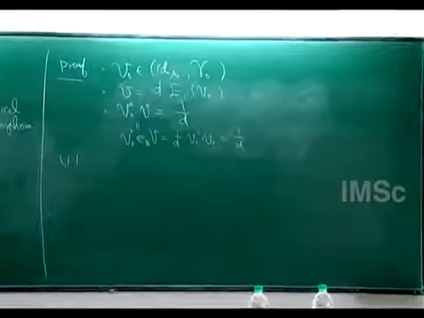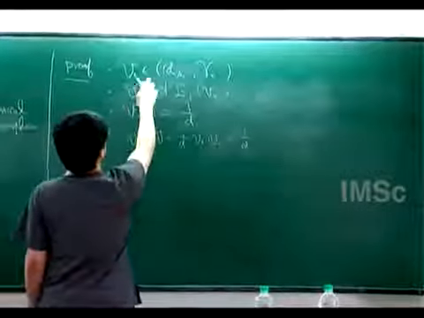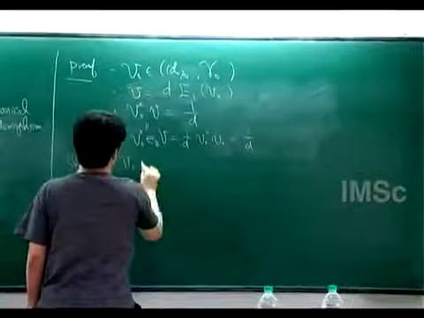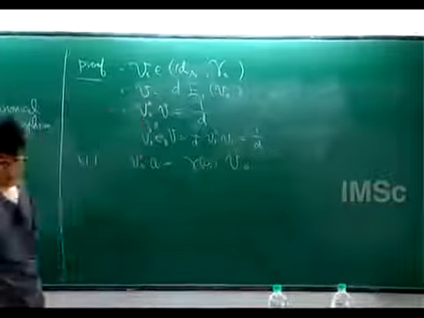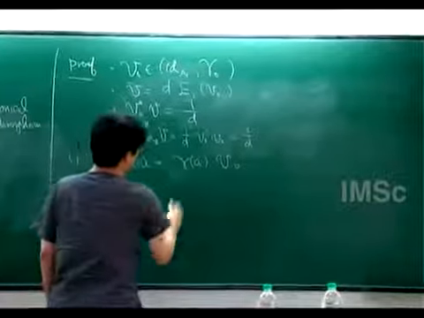Since gamma is just a restriction of gamma 0 to A, this relation shows that gamma 0 A equals gamma A. V0 A equals gamma A. So you just apply E1, then you get V A equals gamma A. So the first statement is done.